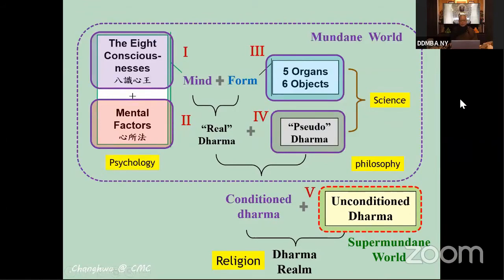From the slide, you can see that these 2 topics are closely related to our modern science, but not the same. So I will use some scientific understanding to explain what we have known from Buddha's teaching 2000 plus years ago.